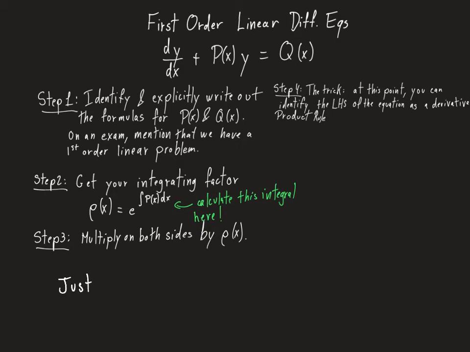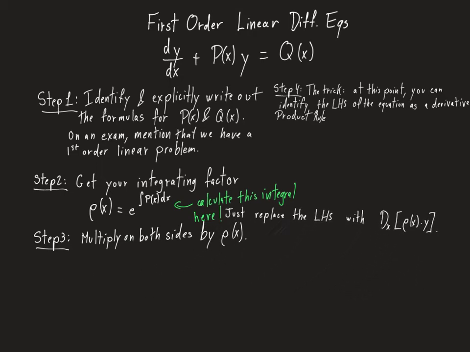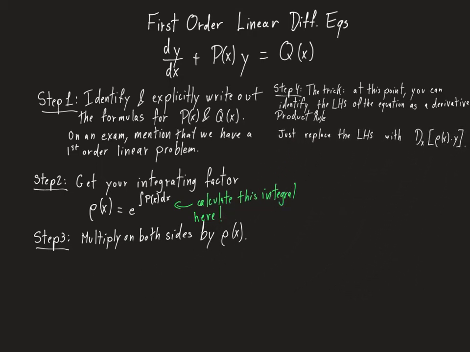We're just going to replace the left-hand side with the derivative with respect to x of rho of x times y, all of that in brackets. And as you hopefully see now, we should always be able to do this without any sort of difficulty.